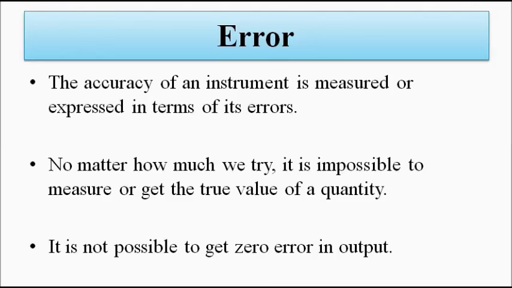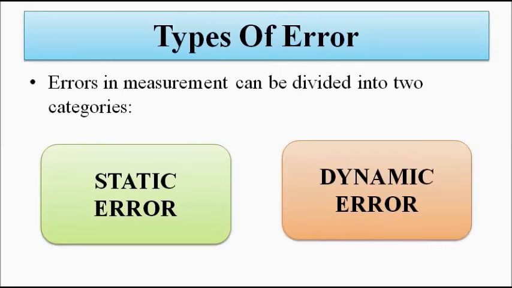So the two categories in which we can broadly divide error are static error and dynamic error. Most of the time when we talk about error, it is mostly static error. Dynamic error comes into play in control systems, process dynamics, process control, industrial instrumentation, all of that.